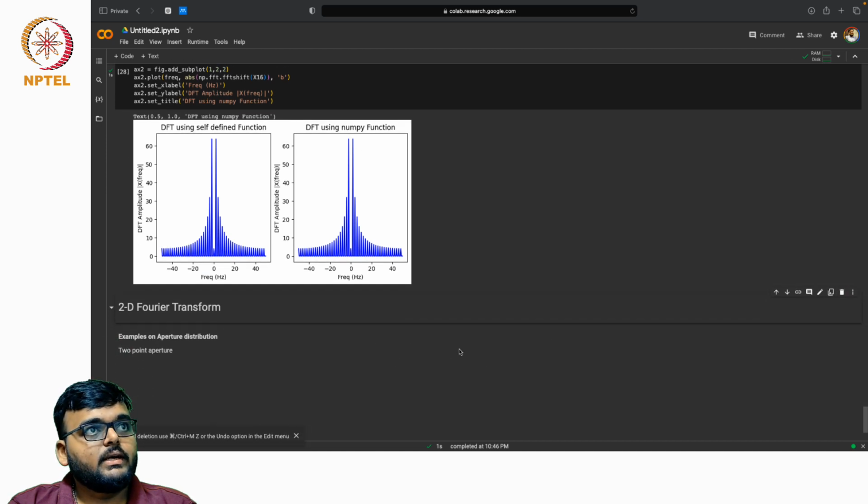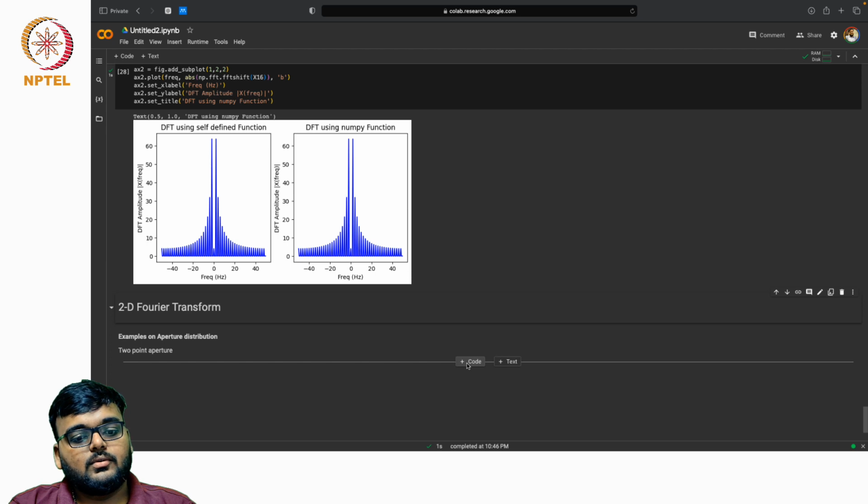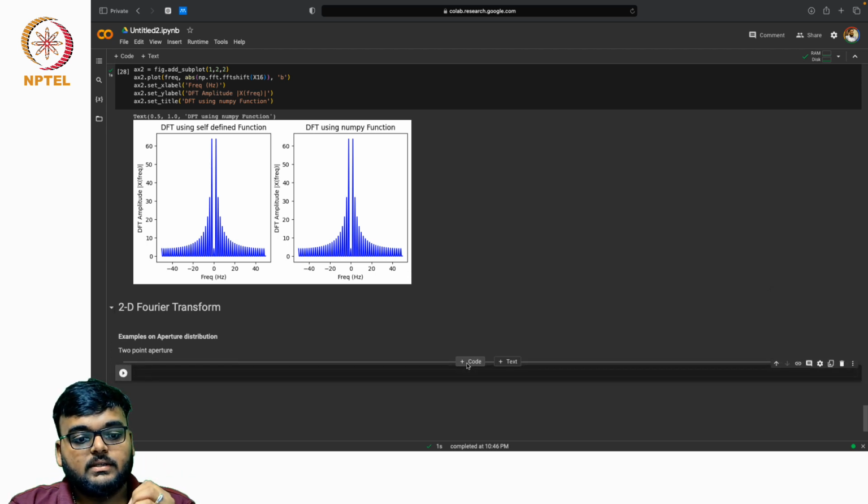First, what we will take, we will have 2 point apertures a particular distance apart. Okay, so let's define a grid first. The grid will be, say, 512 cross 512 meters.